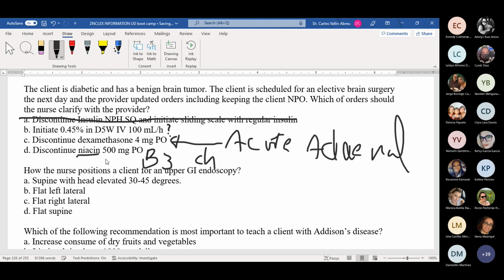Okay, niacin at high doses is used for the treatment of hyperlipidemia, for cholesterol. So you need to know that niacin, a vitamin of the group B, vitamin B3, is used at high doses to treat hyperlipidemia, lipid problems like high cholesterol, and has a big advantage.